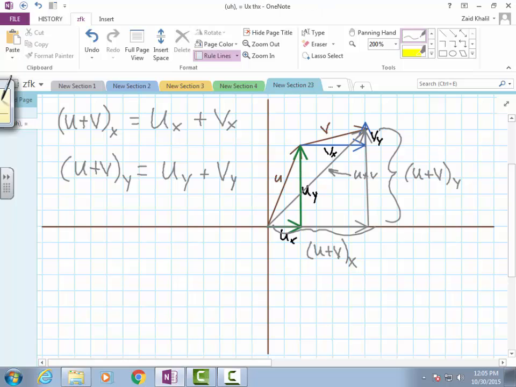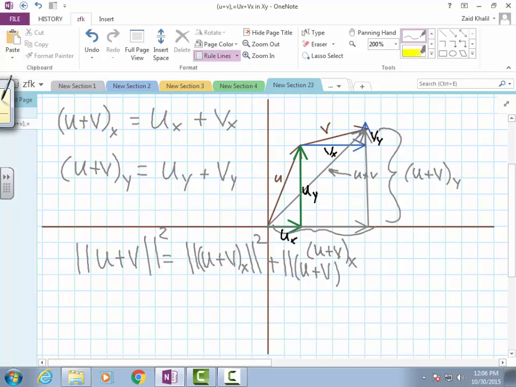And so there you have it. So now let me ask you, what is the magnitude of u plus v? And it might be a little bit easier to ask you what the magnitude squared is. Correct. So in other words, it is equal to the magnitude of u plus v x squared plus the magnitude of u plus v y squared.